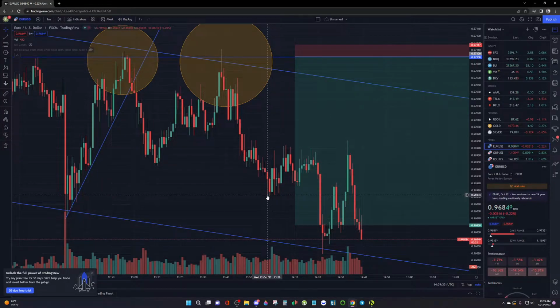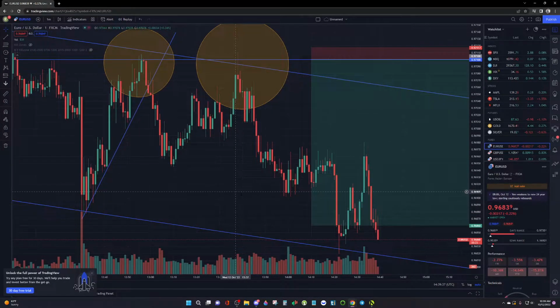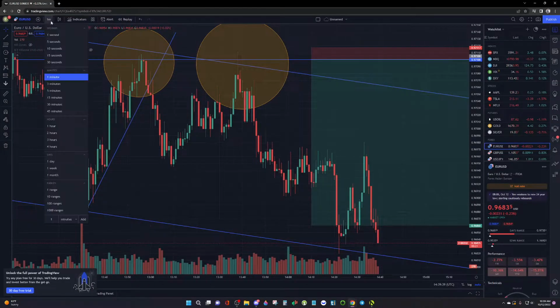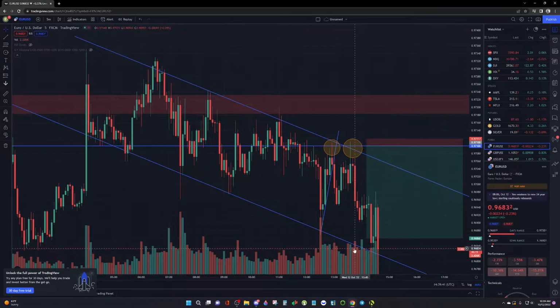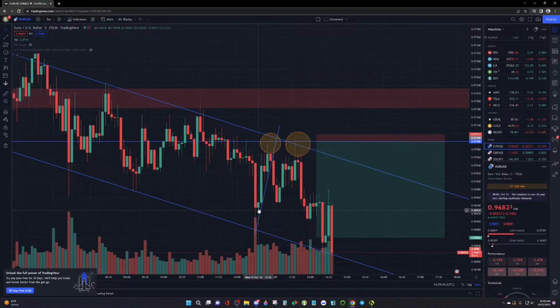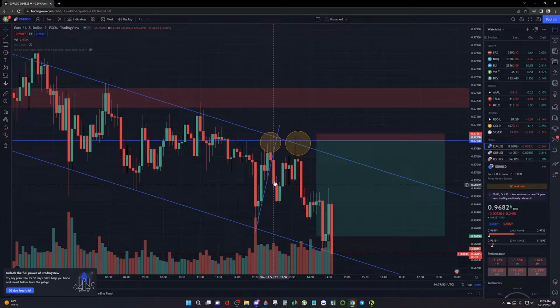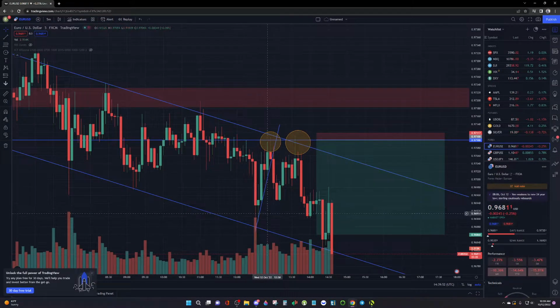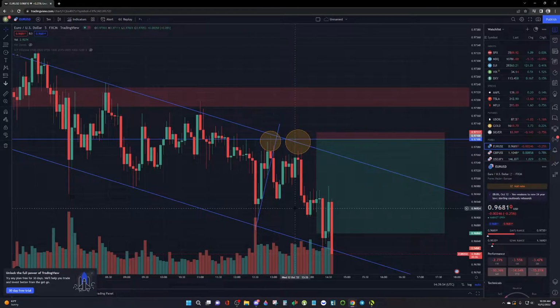But I took profits down here, and if you look on the 5 minute, the last time it tapped this level, it had a nice short-term reversal right here. So that's why I took everything off right here.